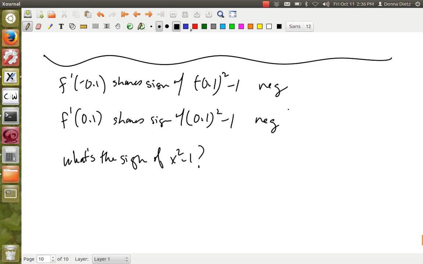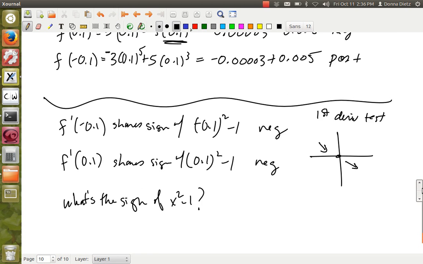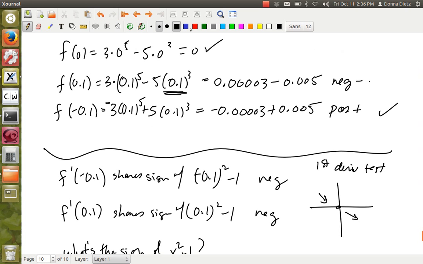So using the first derivative test, at this point at the origin, we know we're decreasing to get down into it, and then we're decreasing again afterwards, which is consistent with what we said before. We were going from positive down to 0, and then down to negative.